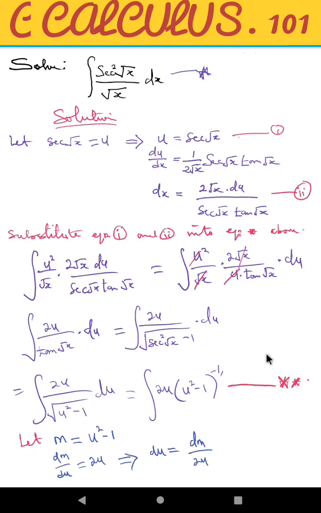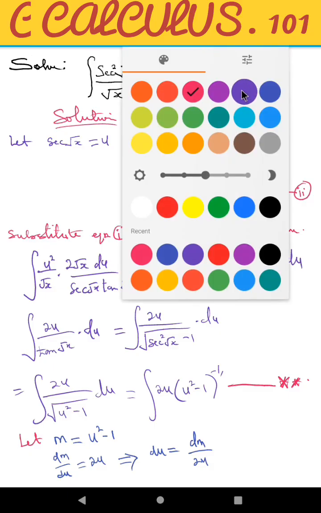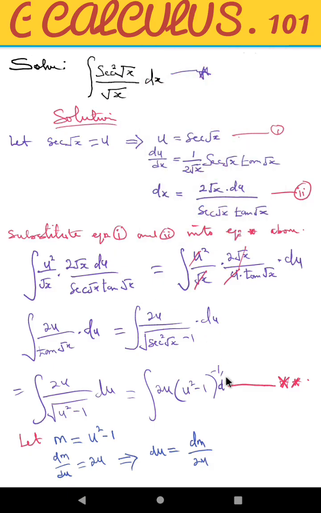So now I'm going to substitute this du and this value for m into equation star star.